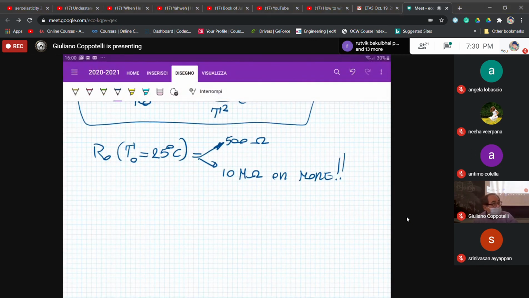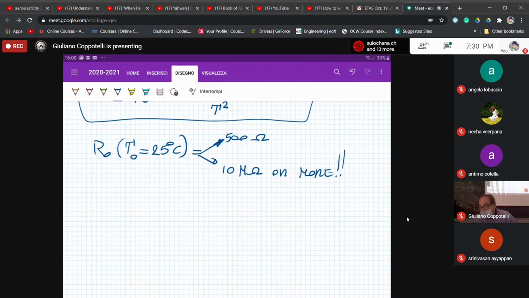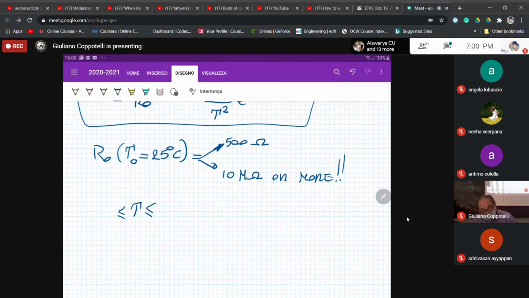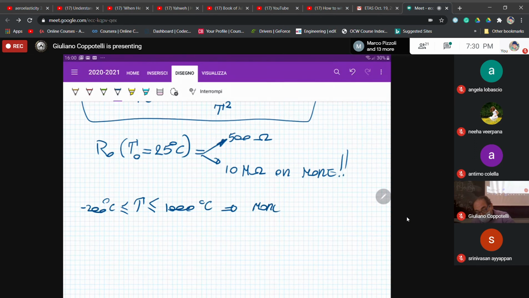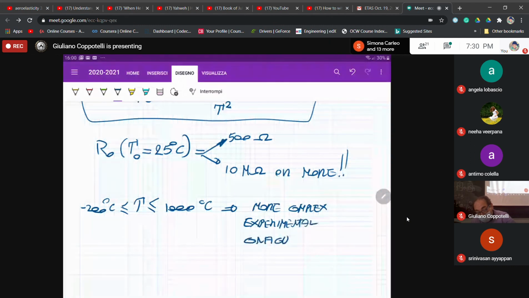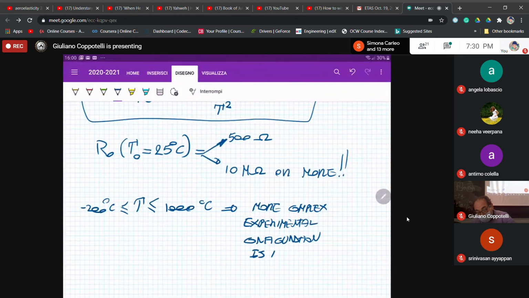If T is in a very high temperature range, 200 and up to 1000, the highest range that we can consider, then a more complex experimental configuration is needed with respect to just one thermistor.